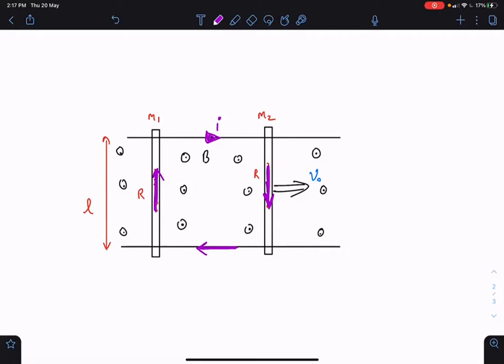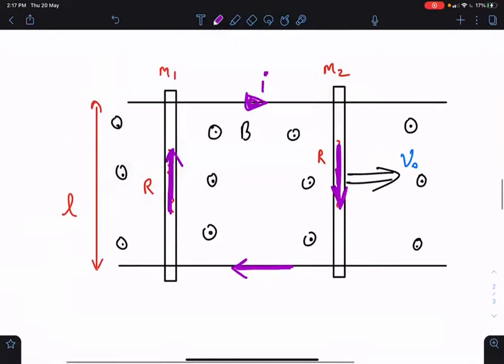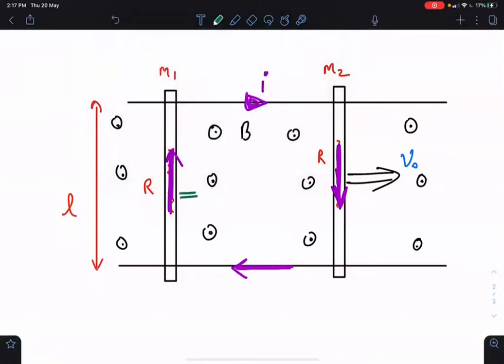So the thing is, they will get the same force, magnitude wise. The force on M1, if you do L cross B, will be towards right, and this force will be towards left. Because of the same force, there is the same rate of change of momentum.